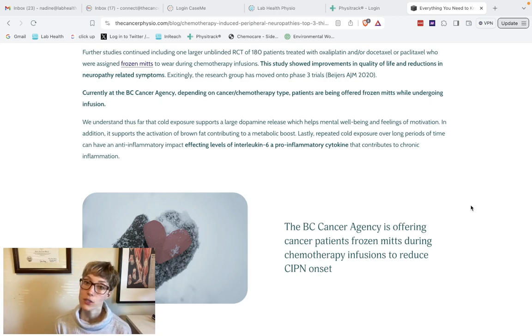Research has really started to show that cold therapy or cold exposure activates brown fat, which has a metabolic boosting effect. Repeated cold exposure over periods of time can actually have an anti-inflammatory effect, impacting levels of interleukin-6, which is a pro-inflammatory cytokine that can contribute to chronic inflammation.